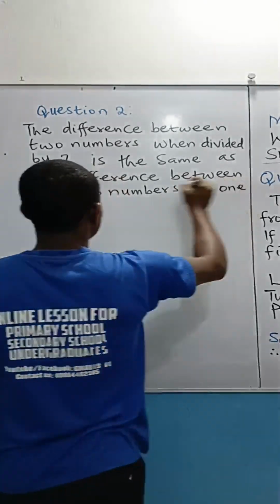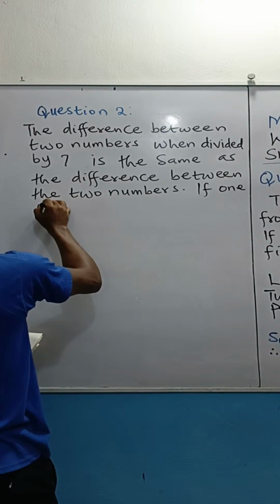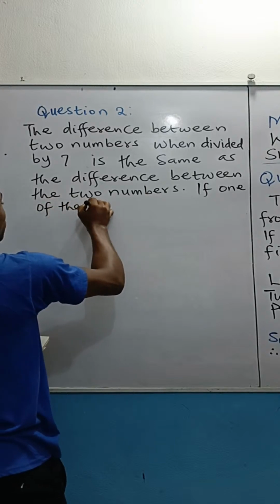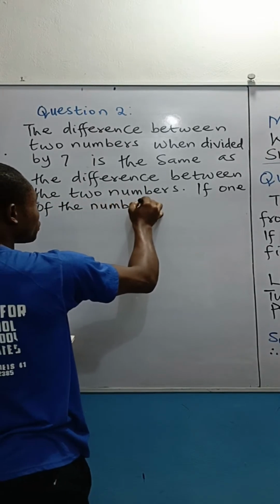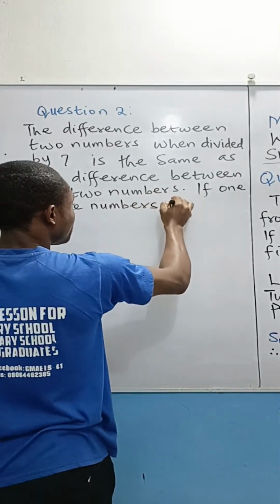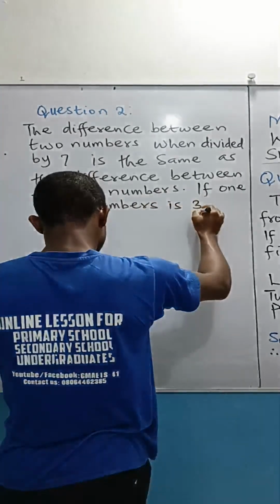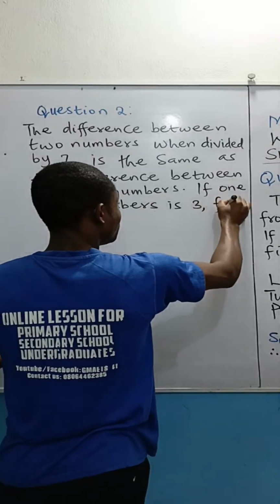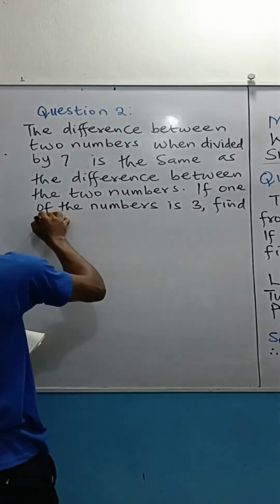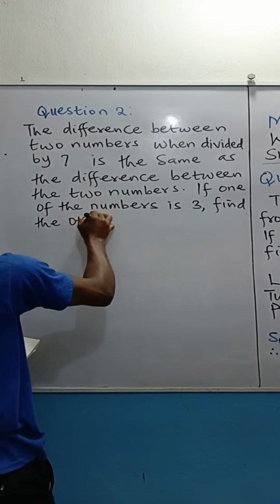If one of the numbers is 3, find the other number.